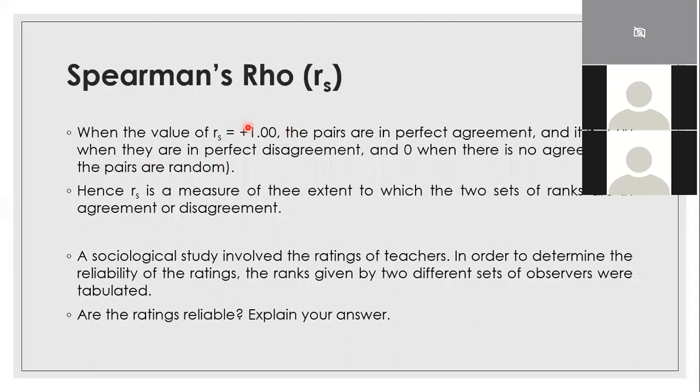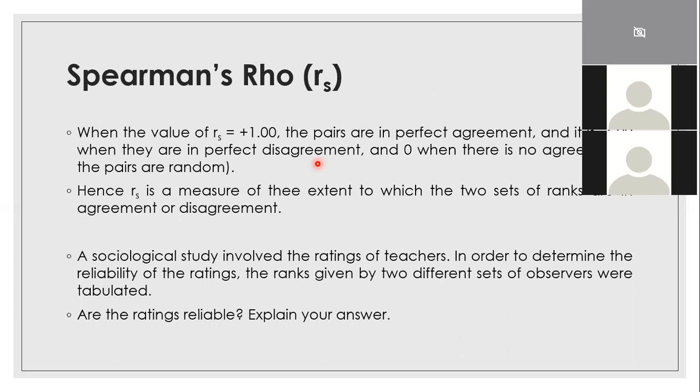Right, so again, the values here can be between -1 and +1. So when the pairs are in perfect agreement, you get either a -1 or a +1. Like I said, it just depends on the direction of the relationship, but that's the only thing the sign is important for, telling us direction. But once it's a 1, we know it's a perfect agreement.